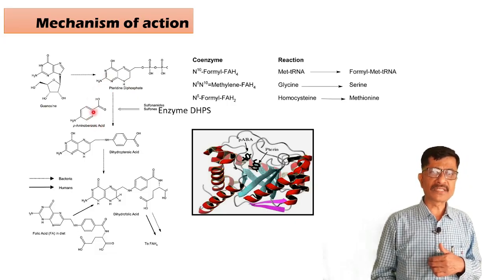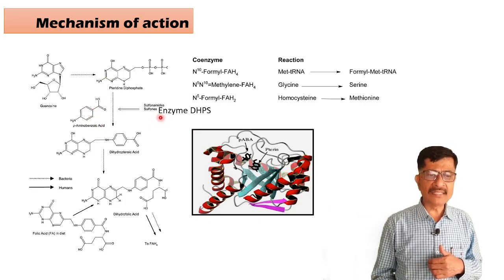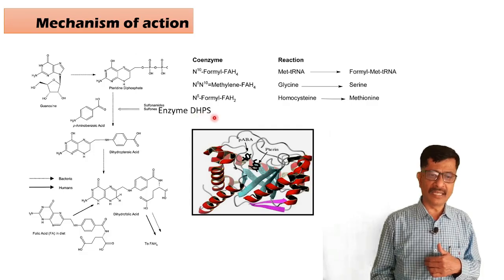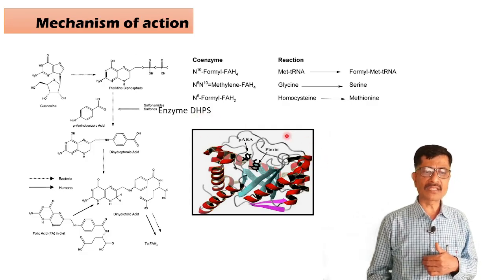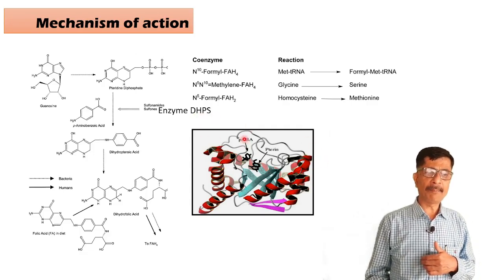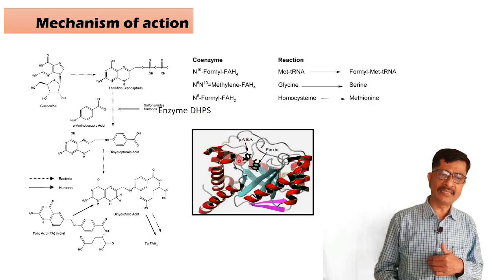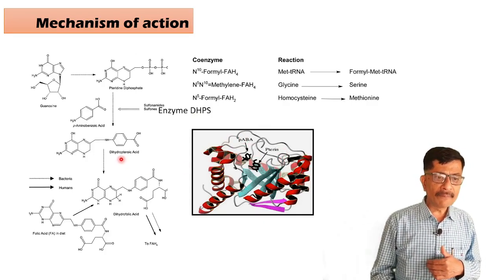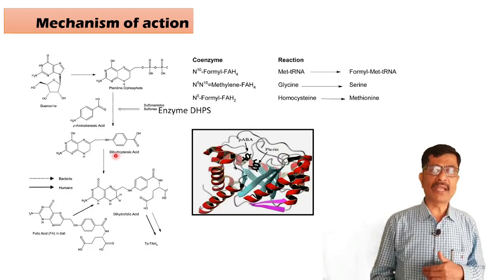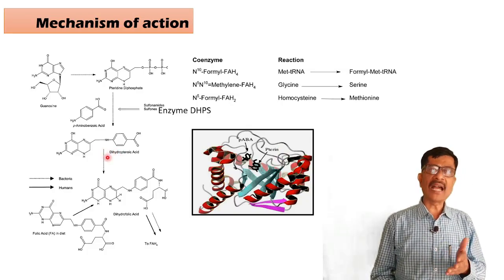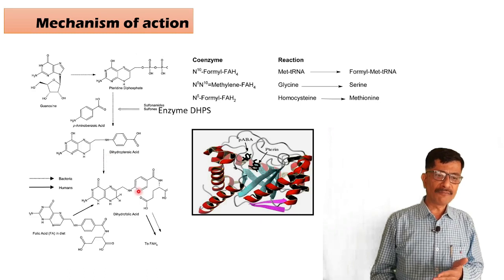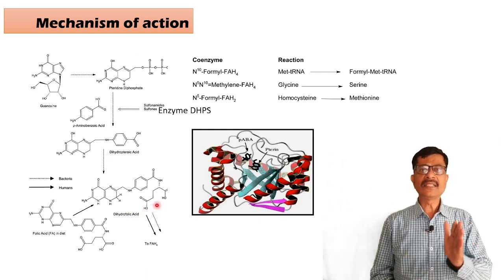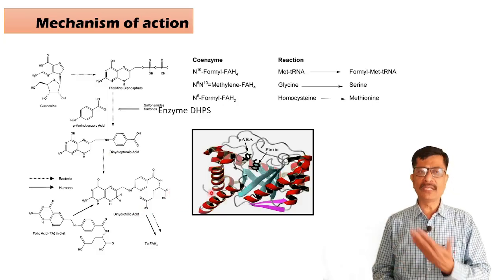These two substrates bind to the enzyme DHPS, dihydropteroate synthase. This is the enzyme structure of DHPS, where PABA, para-aminobenzoic acid, binds and a pterin moiety binds to form dihydropteroic acid. From this dihydropteroic acid, it forms dihydrofolic acid, then tetrahydrofolic acid and folate coenzymes.